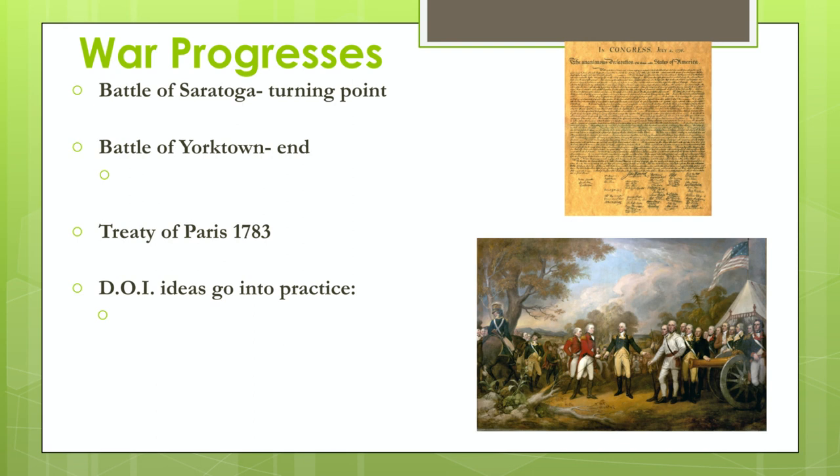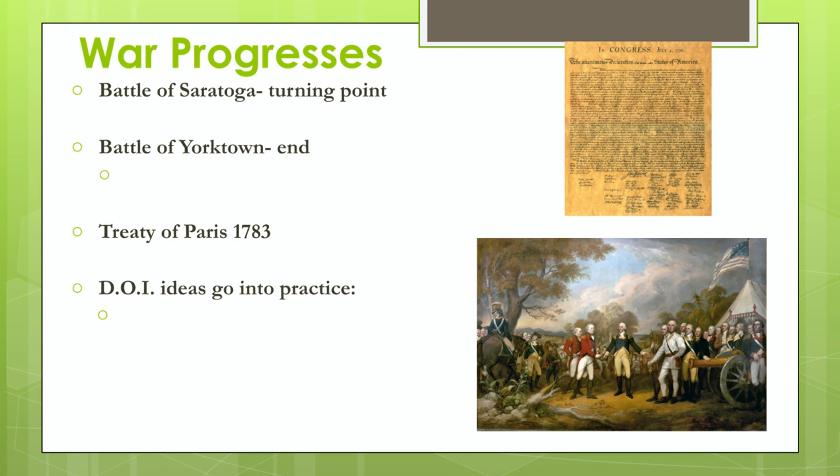I would also like for you to explain the early Revolutionary War events. And then the final thing I'd like for you to do is explain the ending of the war and how the Declaration of Independence ideas are put into place. So please write those down, jot those answers down at the end of your notes.